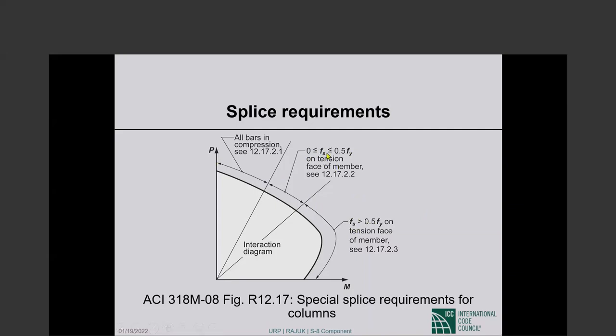Now, this has implication for whether we can have type A splices or type B splices. So the example that I skipped yesterday and will do on Monday will relate to what this is talking about. Okay, I may or may not show this picture, but what this picture is about will come home to you when I do the last example in yesterday's slide set, which I skipped yesterday, but we'll do on Monday.